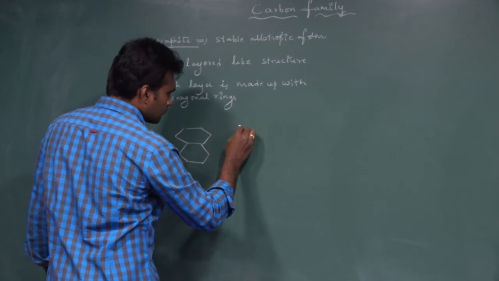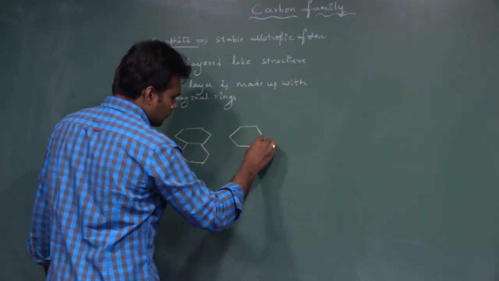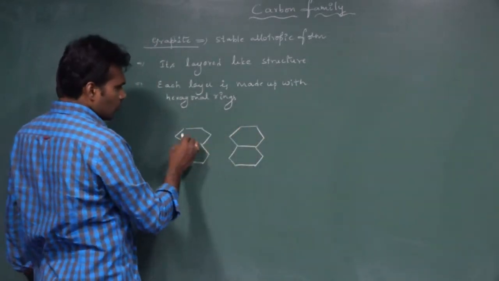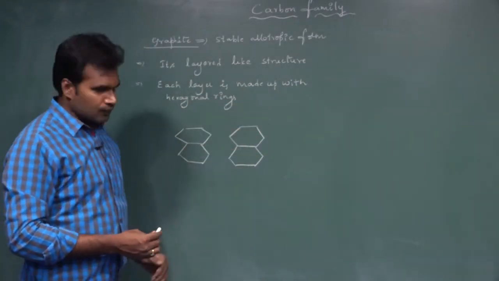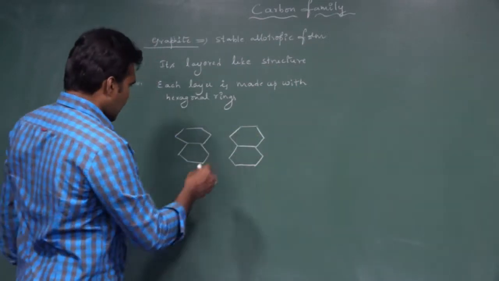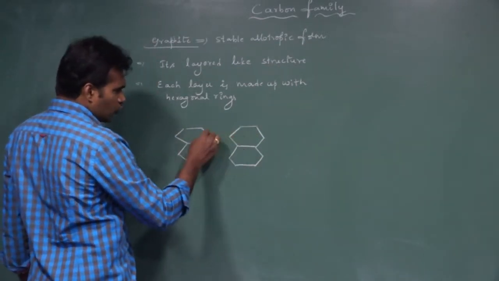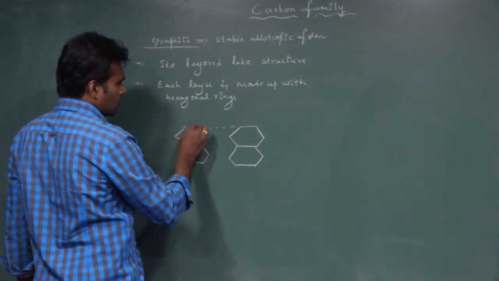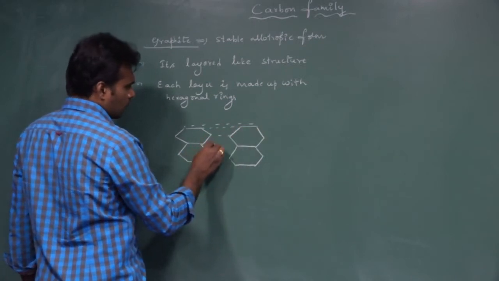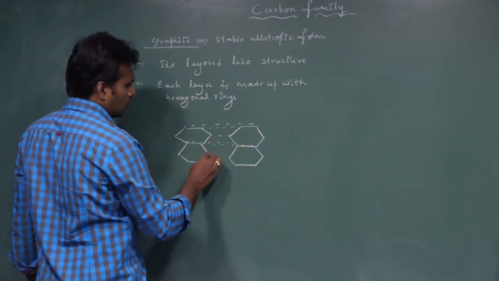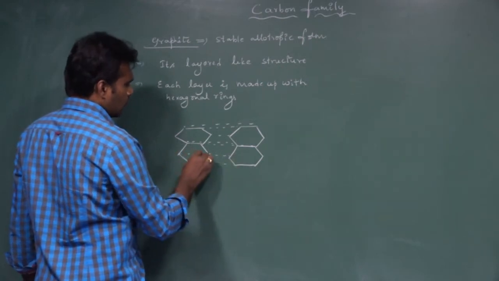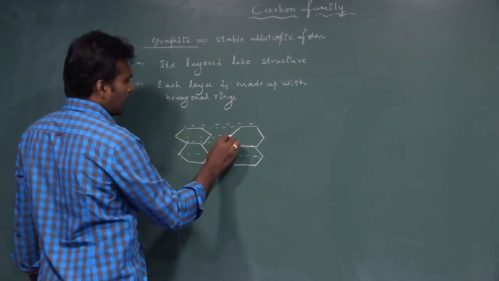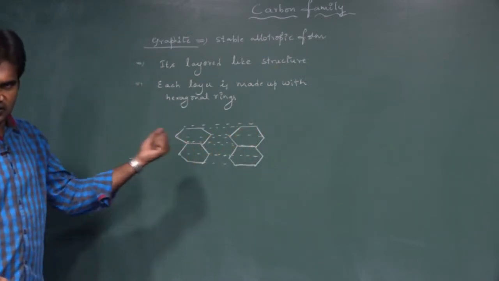Next, this is a second layer. So these are all one layer, this is another layer. So layer by layer it will exist. And between these two layers there are some weak van der Waals forces of interaction.